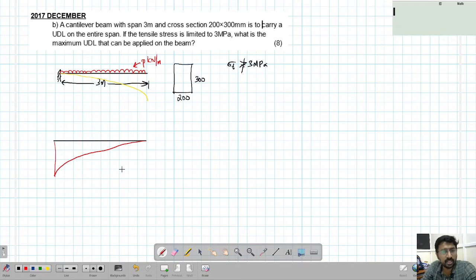Okay, so this is the bending moment diagram. The maximum value of bending moment will be at the end. This we can calculate. If you are able to draw this fast, this problem can be solved very fast. Otherwise, we will see how to draw this.